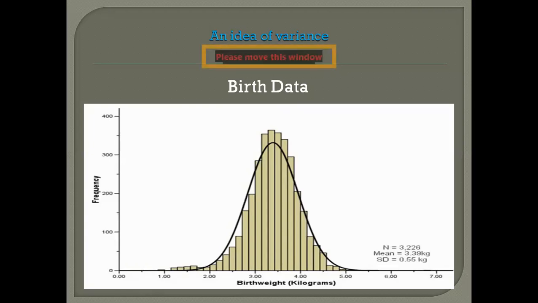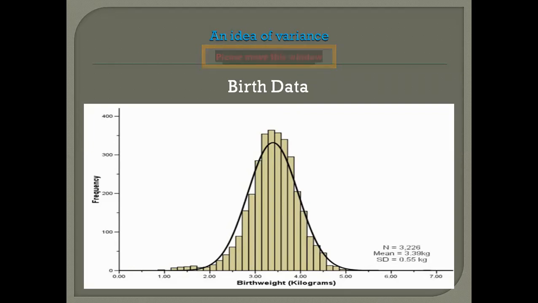Now, if you look at this example, this is a natural process. Babies are a natural process, and you can see there's always a variation, even in a natural process. So we have to be sure about the spread of the data, how you may deviate from the mean, from the center of the data.